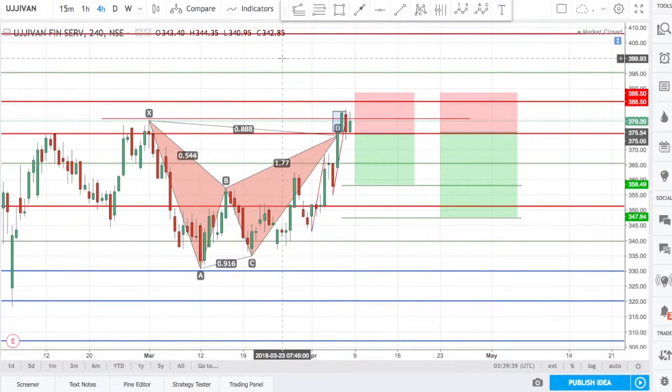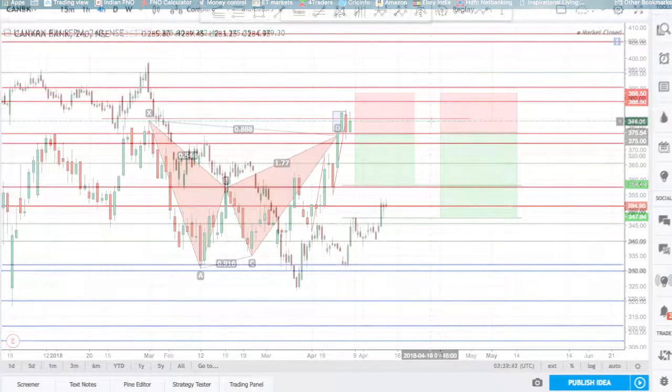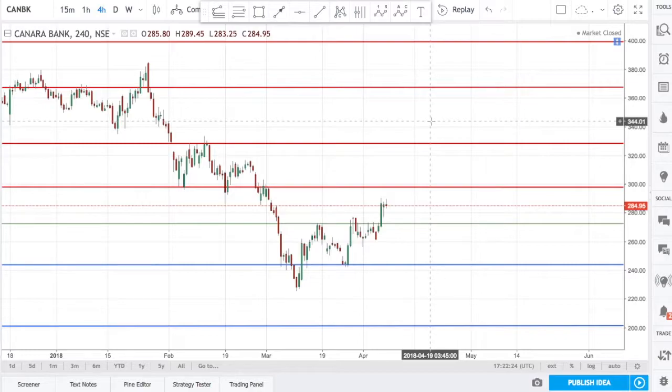Okay, so let's see how this trade plays out in the next few trading sessions. Next on my list is Canara Bank. We have a trend continuation trade on Canara Bank. The stock is in a downtrend and hasn't broken the pattern yet.